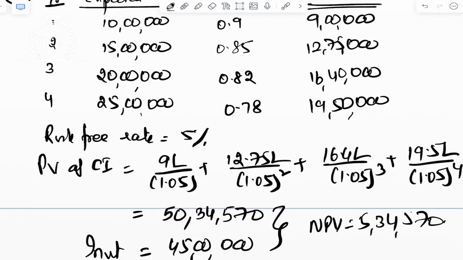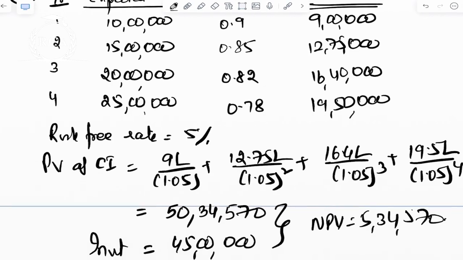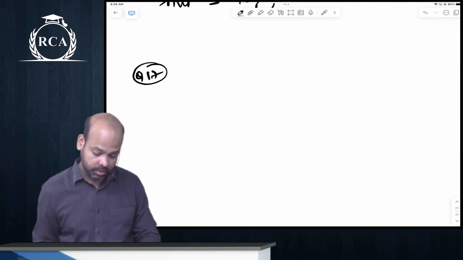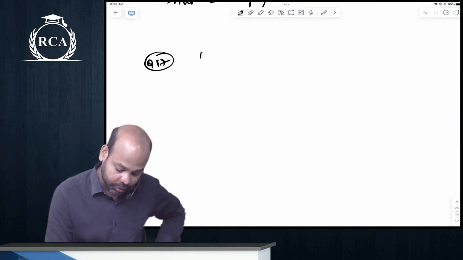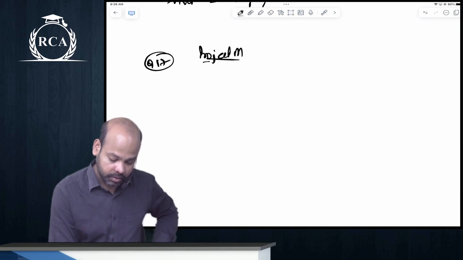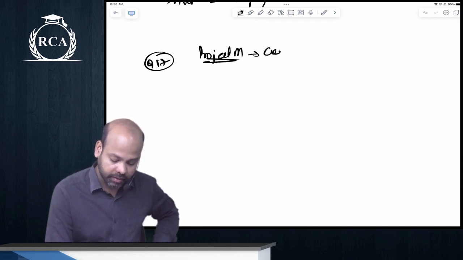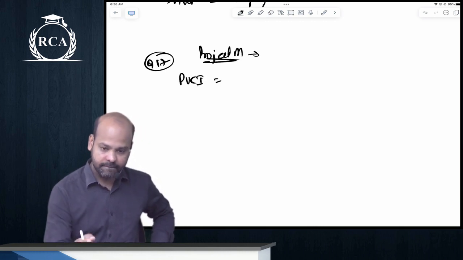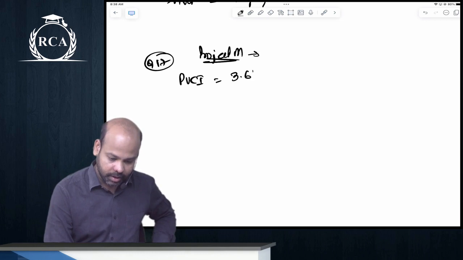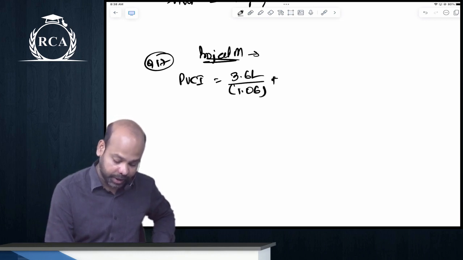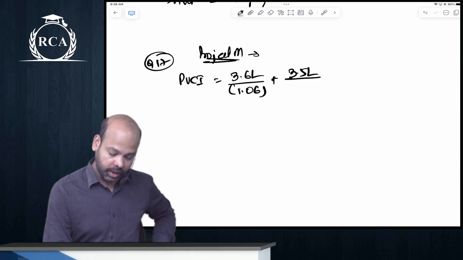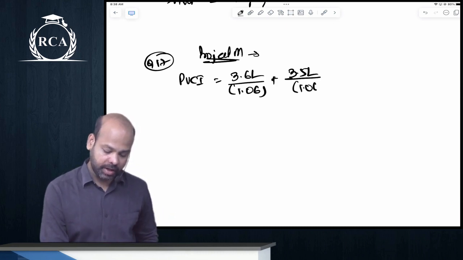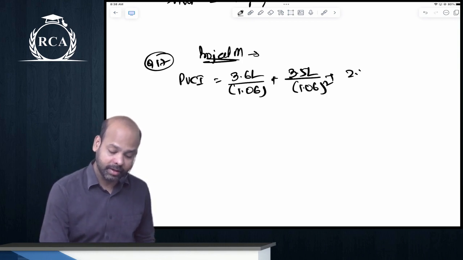Yes, done guys, second project, second question B. Question number 17 guys, can you tell me what are the answers? Certain cash flows, how much for project M? Total. 3,60,000 divided by 1.06. 3 lakh. Okay, I'm writing it like this, you all should multiply with the factor and tell me, okay? Any problem?